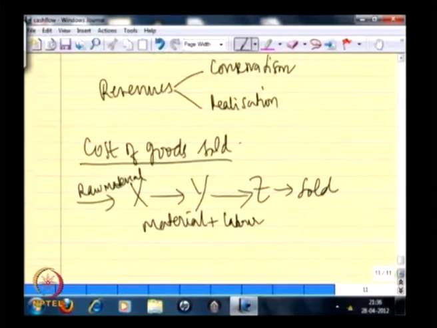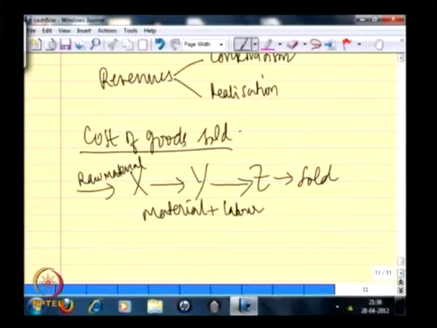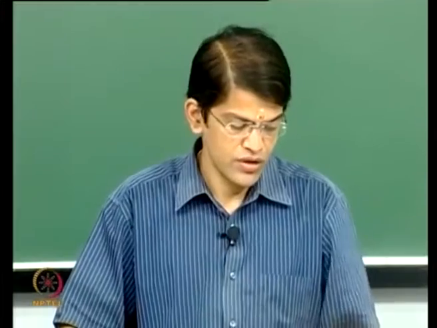This is typically what happens in a manufacturing firm, and there might be value addition in each of the stages, there might not be value addition in each of the stages, but what you get as raw material is not sold as finished good. There is some addition in terms of material and in terms of labor that gets into the raw material and finally gets sold as your finished good inventory.